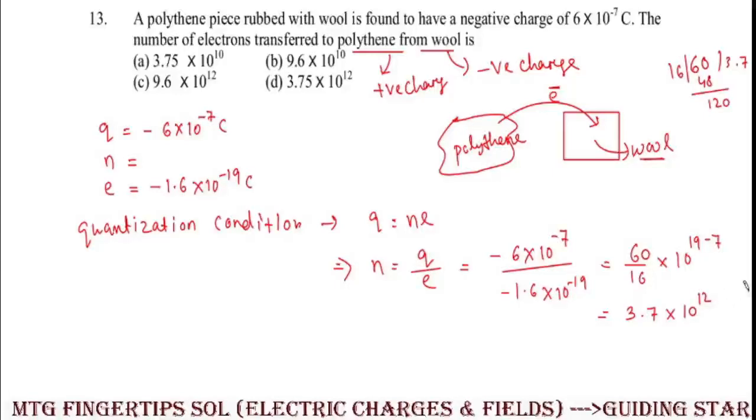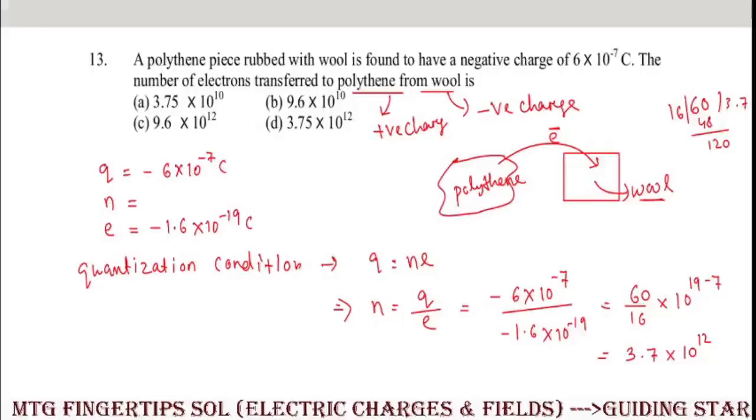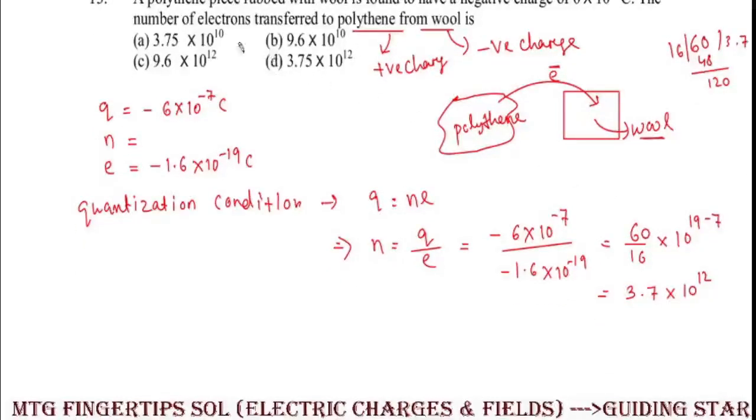So the number of electrons present here will be 3.7 into 10 to the power 12, so option D will be the correct one.